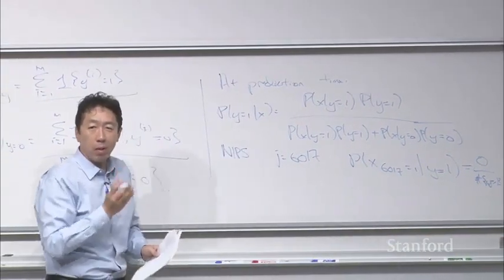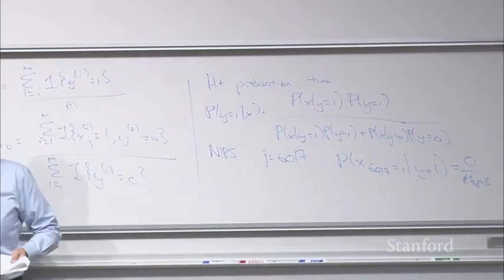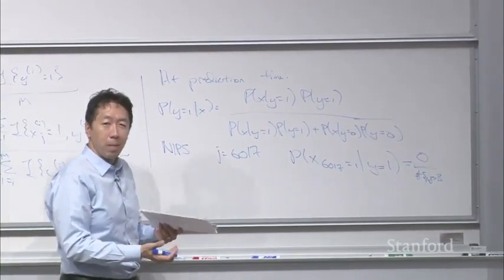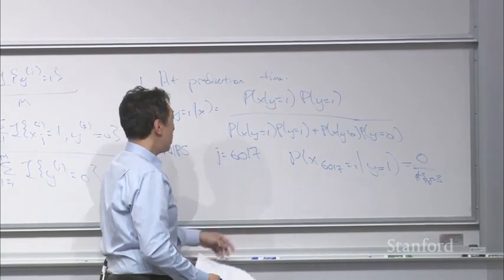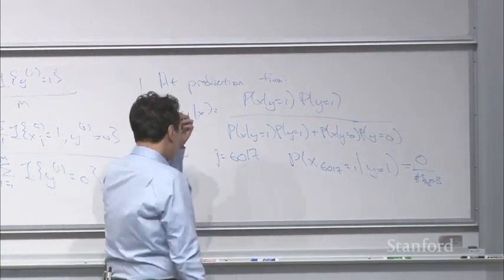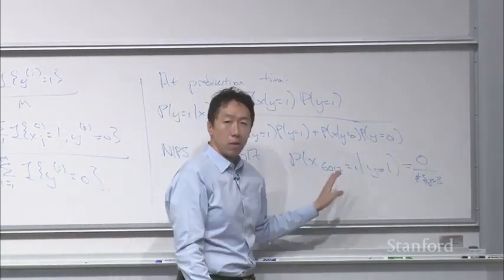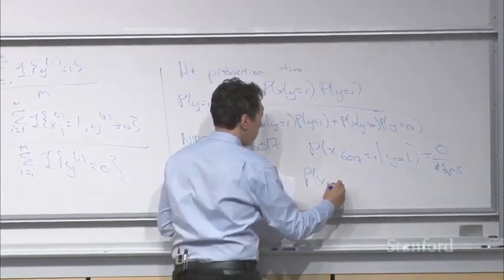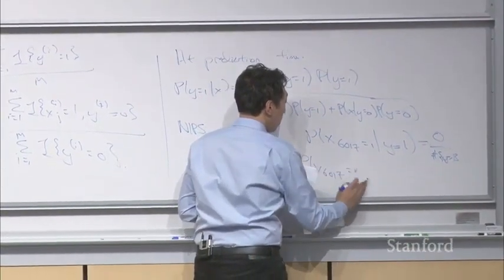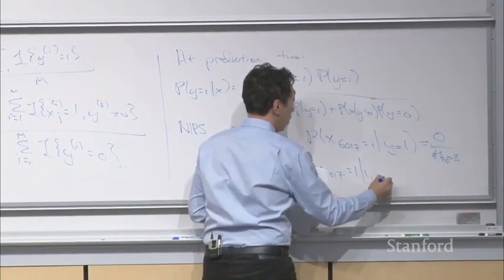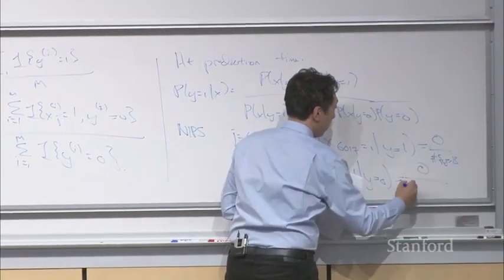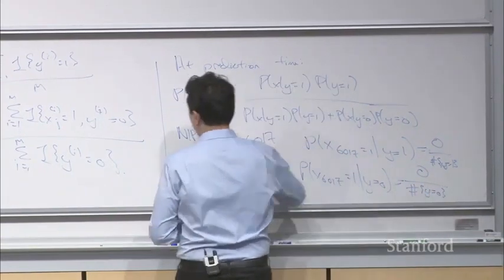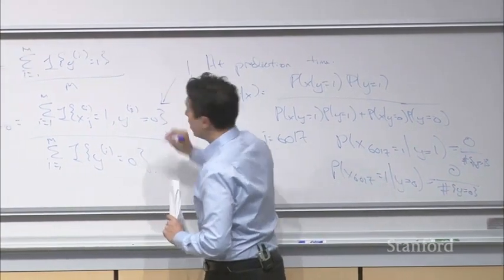So if you train up this model using your personal email, probably none of the emails you've received in the last few months had the word NIPS in it, maybe. And so if you plug in this formula for the maximum likelihood estimate, the numerator is 0, and so your estimate of this probability is 0. And then similarly, this is also 0 over the number of non-spam emails, I guess. Right, so it's just this formula, right?